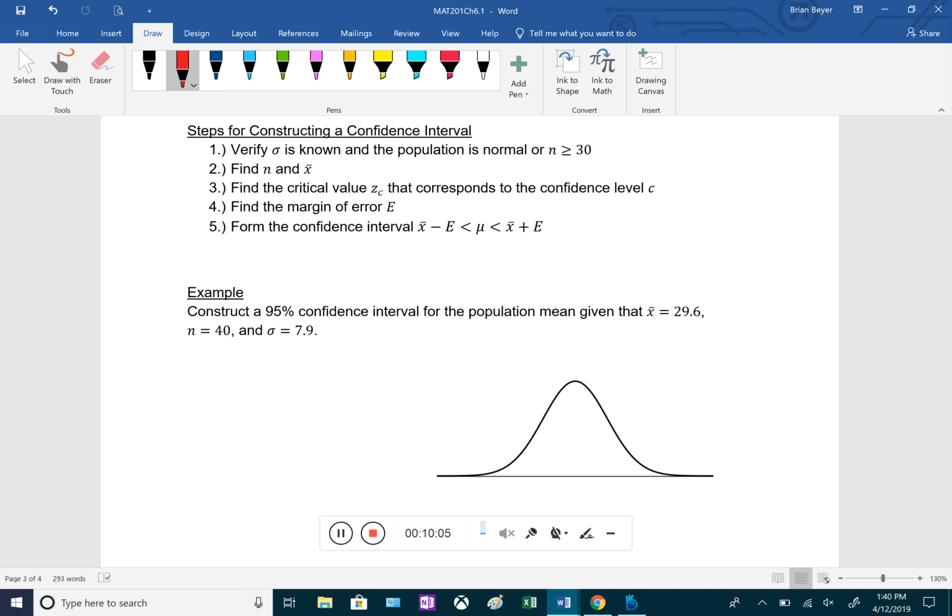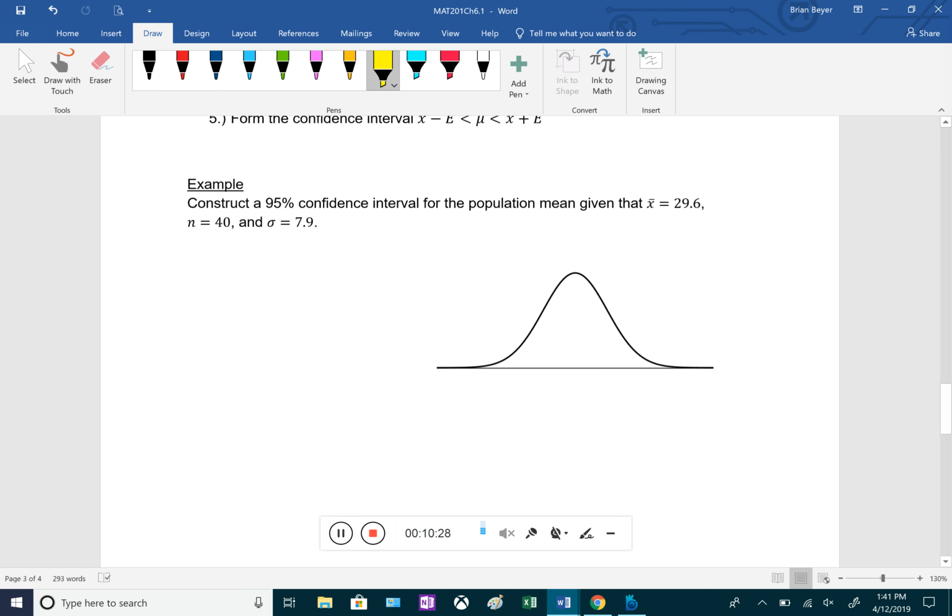Step 3 is the one where we have to find the critical value, that z-score z sub c, that corresponds to the confidence level that's given. And then we have to find the margin of error, just like we did. And then we have to form this confidence interval by subtracting E from the sample mean and then adding E to the sample mean. Okay, so let's do a couple examples here.